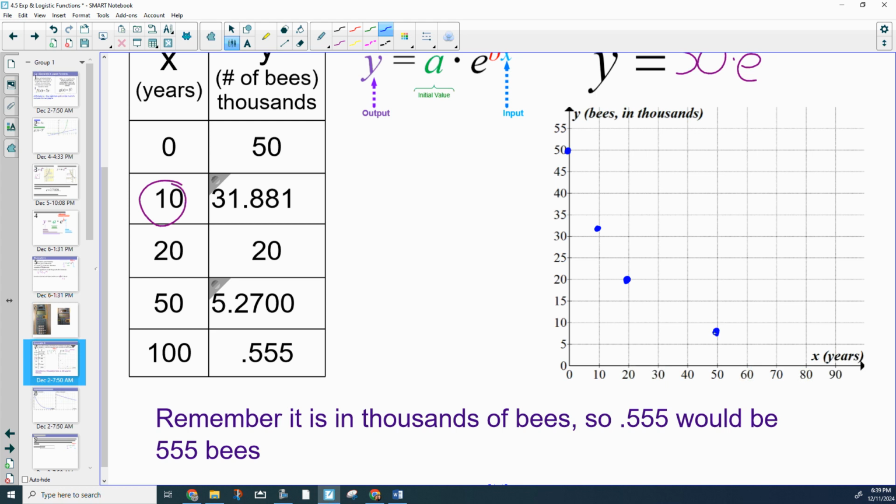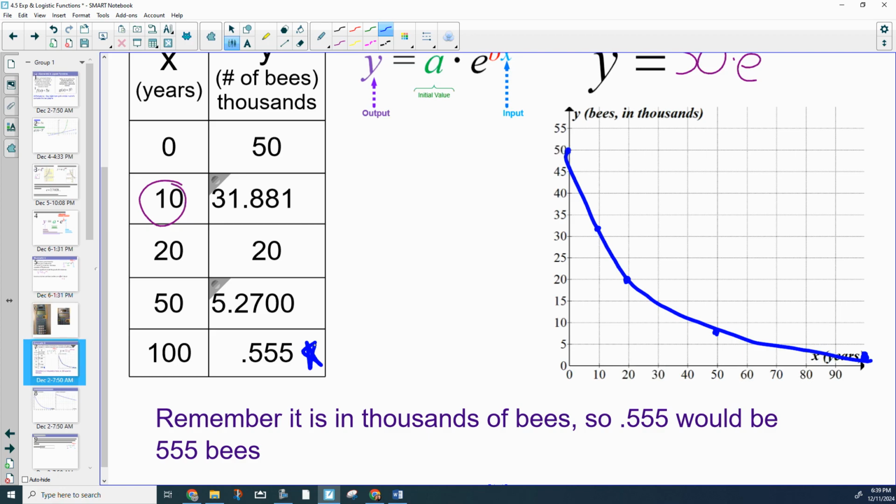And then 100, which is at the end of the graph, and 0.5 right in there somewhere. Then we would connect those dots to get our graph. And that would be the graph of the bees. Again, this is in thousands. So 0.55 that we get down here at the bottom would actually represent 555 bees.